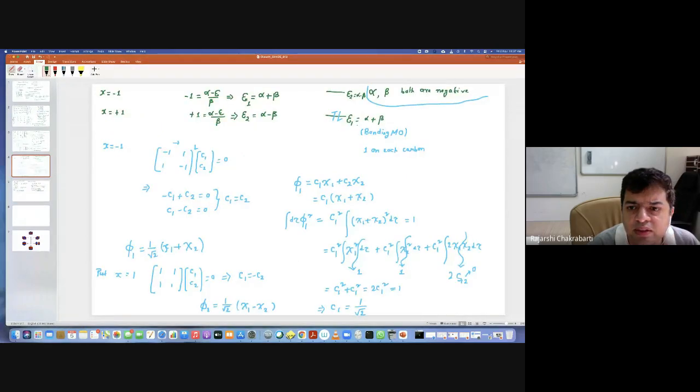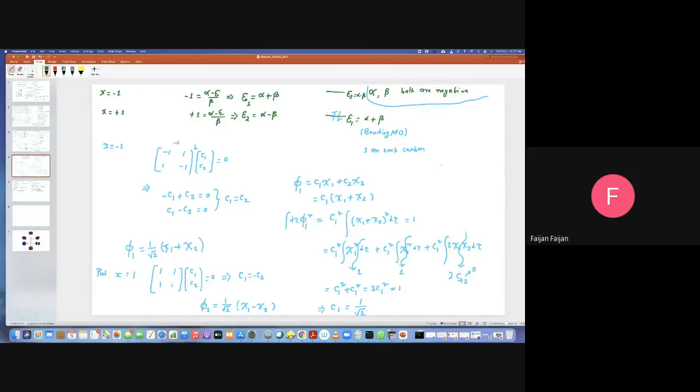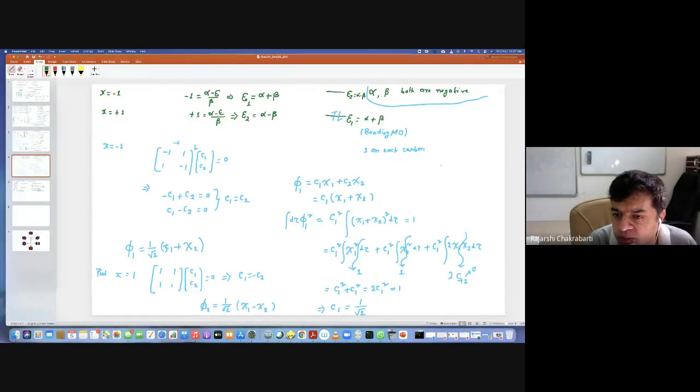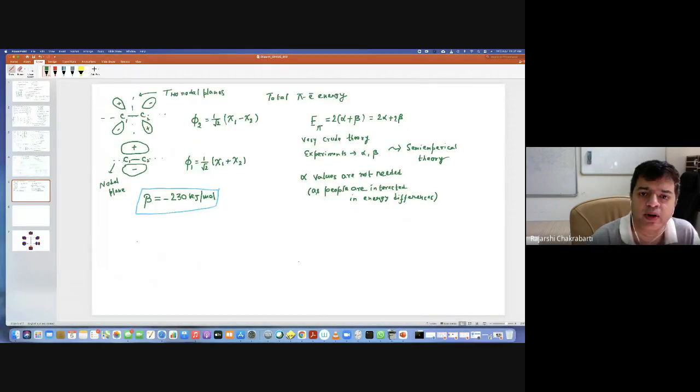This is the energy, alpha plus beta. You have resonance as well as Coulomb integral. We just did the math, no? We did all the derivations. Yes, it is alpha plus beta. You have both. Now, if you take the difference between these two, this alpha will cancel. Beta will only be useful. But if you want to calculate the energy of the MOs or the total pi electron energy, then you have to know alpha as well as beta.